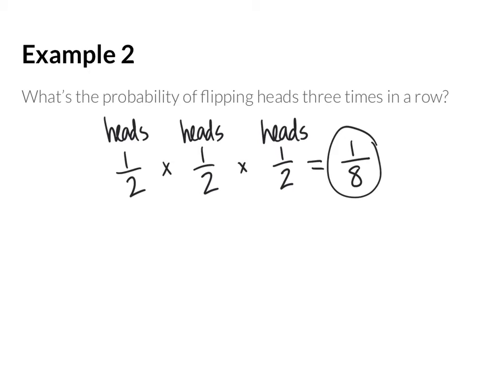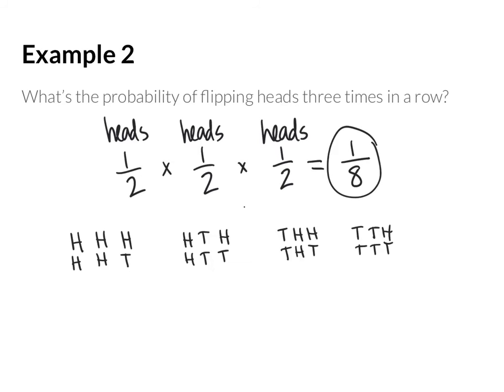If I were to list out all of the possible outcomes, my sample space would look like this. So in scenario 1, I flip heads 3 times in a row. Or maybe I flip heads twice in a row and then I get tails. Or maybe the first time I get heads, but the second time I get tails. Well, I could get heads or tails on the last toss.